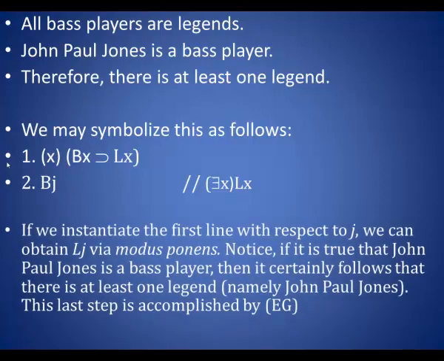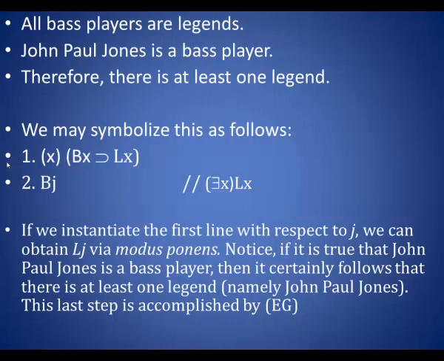So let's take a look at how we go about doing this. First thing, though, if we instantiate the first line with respect to J, we can obtain LJ, that there is a J that's an L, via modus ponens. Notice, if it's true that John Paul Jones is a bass player, then it certainly follows that there's at least one legend, namely John Paul Jones, that exists. And this last step will be accomplished by EG.